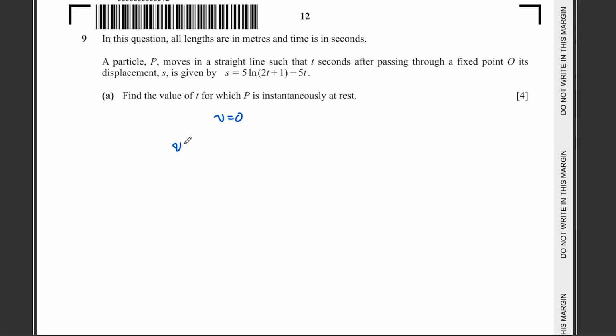So to find the velocity function, we have to take the time derivative of the displacement. And in this case, the derivative of this ln graph will be 1 over the inside function, multiplied by the derivative of the inside function, and negative 5t will just be 5.